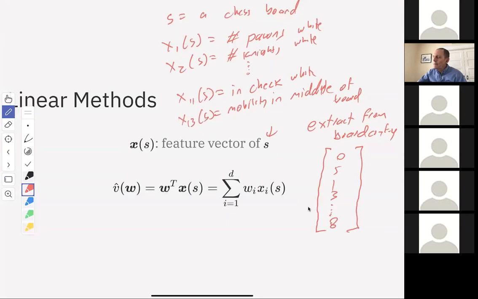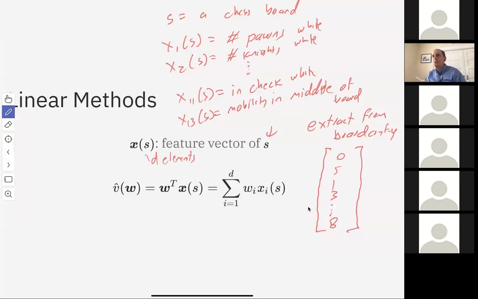Well, a very simple model that we're going to use for approximation for V hat is that we are going to have our features, D features. So this will be D elements, and we'll have associated D weights.